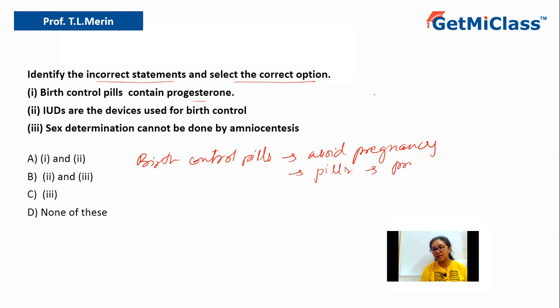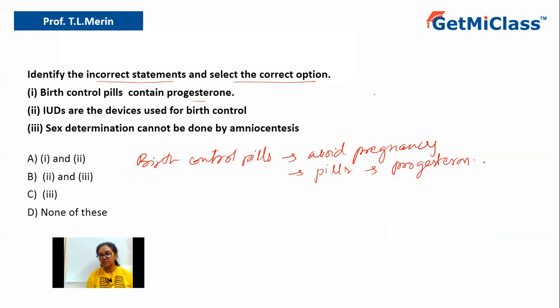Which hormone? Mainly the main component is progesterone. In some, it is a combination of progesterone and estrogen. The function of progesterone is to increase the thickness of the vaginal mucus, and hence the sperms cannot move properly, so it reduces sperm motility.